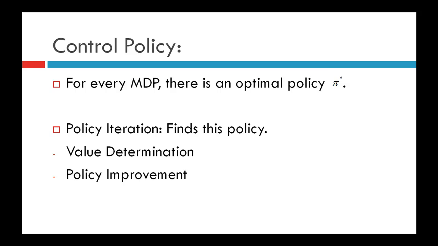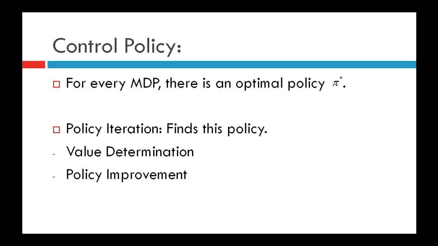To find the control policy pi star, we generally use the policy iteration algorithm, which has two steps. The first step is the value determination, in which the state action value function for a given policy pi is determined. The next step is the policy improvement, where the next policy is made greedy with respect to the state action value function of the previous policy.